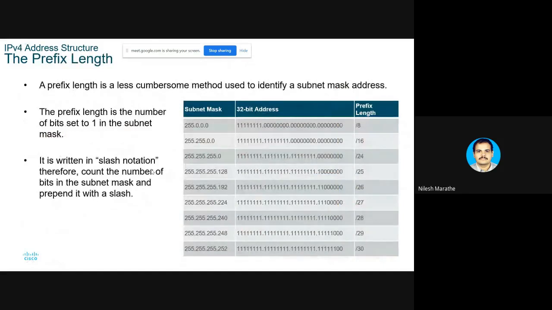The prefix length. So there is another notation. This is one of the notations of writing this subnet mask, that is known as CIDR notation. So in this notation, rather than mentioning 255, this 255 can be mentioned as /8. The double 255 can be mentioned as /16. So we can write for any IP address, let's suppose 192.168.10.10.